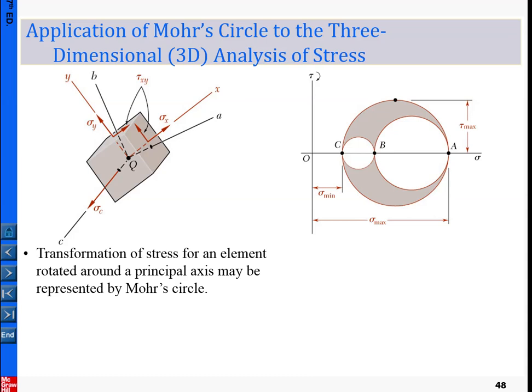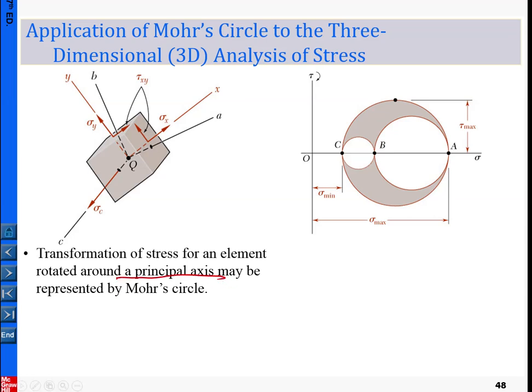So here the transformation of the stress for an element rotated around the principal axis can be represented by the Mohr circle. So here the keyword is this: the stress element rotated about or around the principal axis.